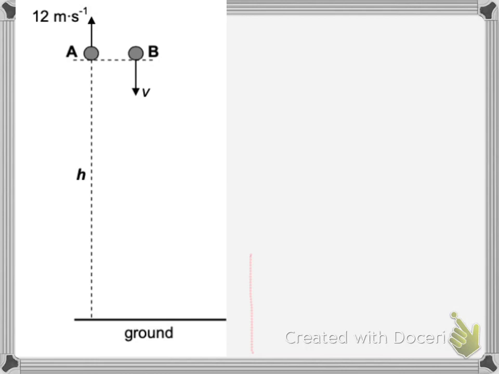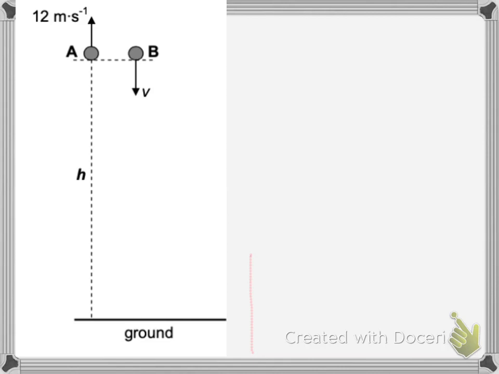In the question, they have two balls, ball A and ball B, and both balls are at a distance h from the ground. So that's the distance. Ball A, I'm first going to give you the story behind the problem.